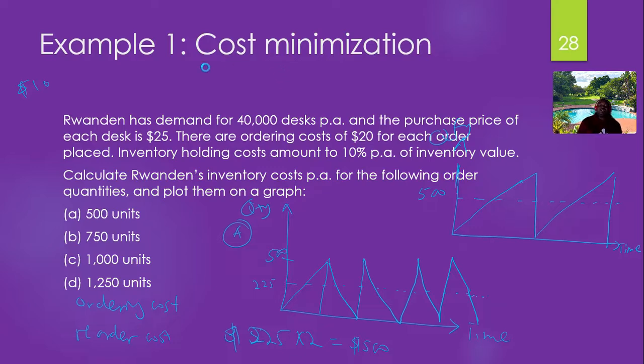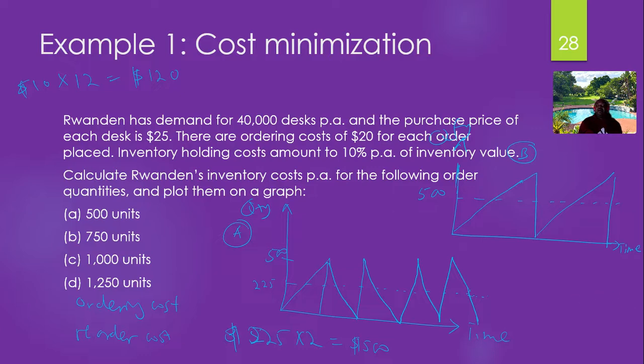All right, so that's $10 by 12, which means in terms of orders, we are going to have ordering cost of 120.